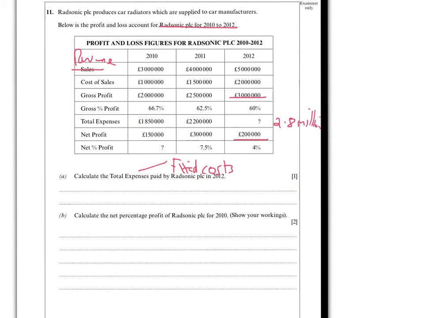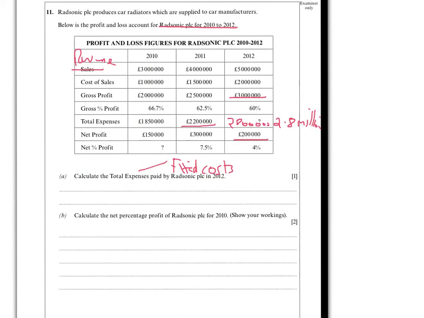So they must have had expenses of 2.8 million, which is a really high amount of expenses. Right, but you know your number's right because 2.8 million looks all right, and if you look at the number next door, it's quite similar. Rather than putting 2.8 million, I would do it as 2.8 and then 5 zeros. Because if that's how everyone else has done it, I'll do exactly the same.